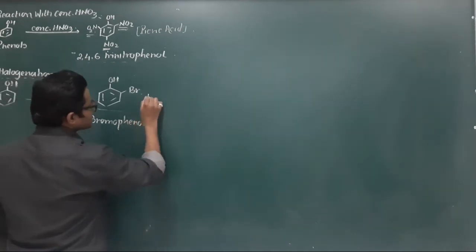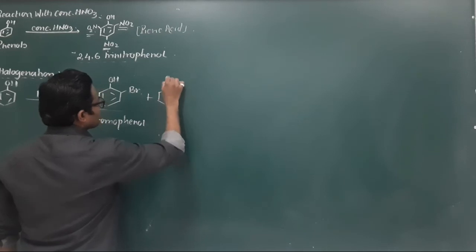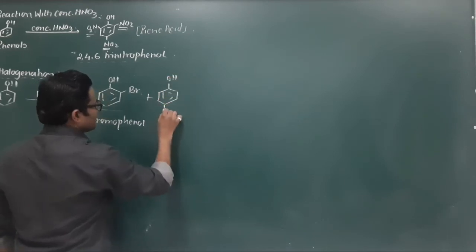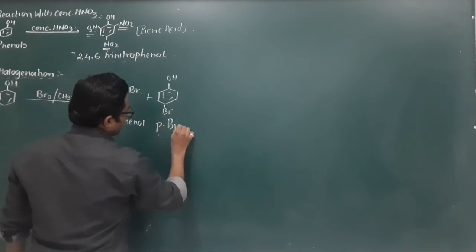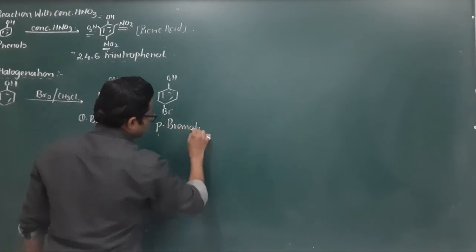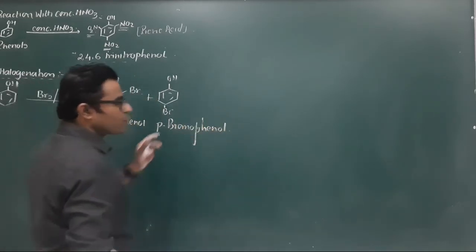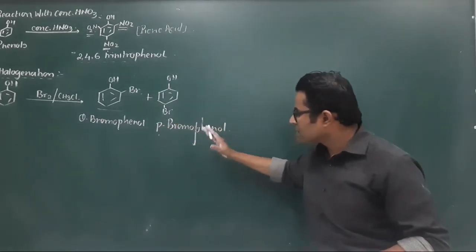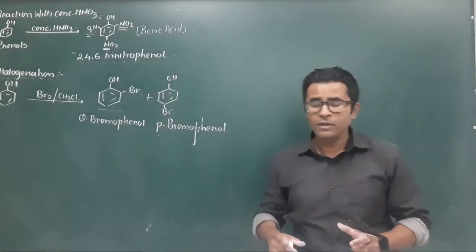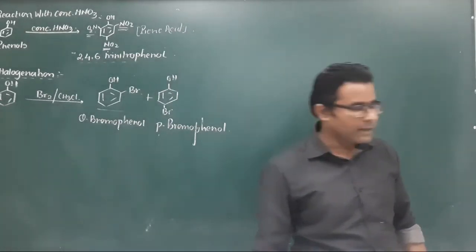And the next product that we have is OH over here and Br over here, that is para-bromophenol. Right, so we have the two products over here. One is ortho-bromophenol, the second one is para-bromophenol, the monosubstituted products which we have obtained.